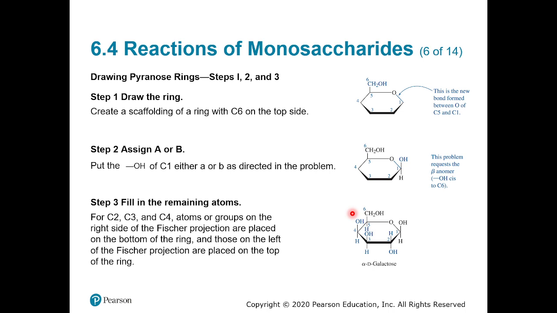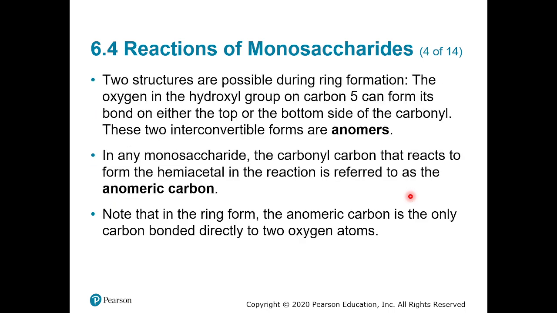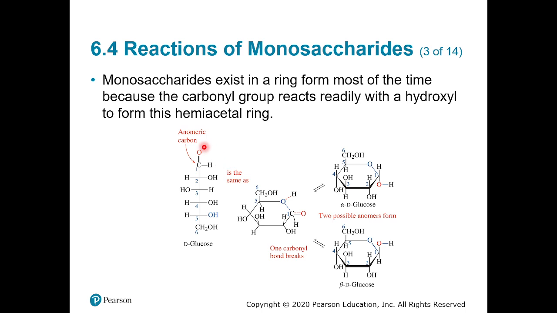This one here, D-galactose, this is on bottom. Okay. Again, which one's the aldehyde oxygen? Does anybody remember? Which one was this one? Yeah, it's the number 1, isn't it?